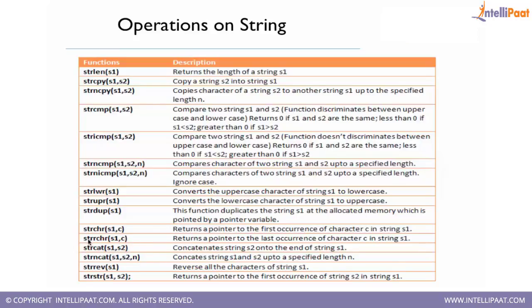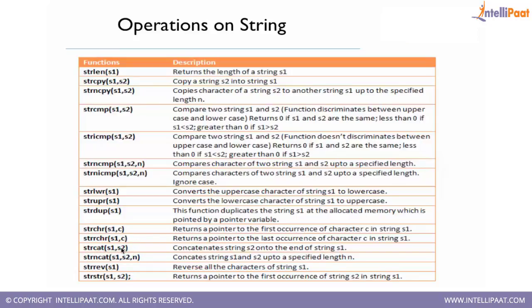I have missed this one: strrchr returns the pointer to the last occurrence of the character. So these two are kind of same, but strchr returns the first appearance of character c, and strrchr returns the last occurrence.